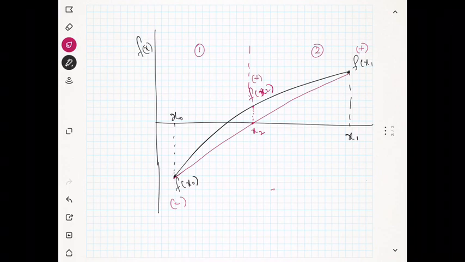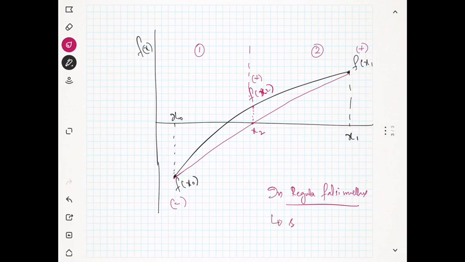So in the regula falsi method, you will be selecting interval 1 or 2. In the above case, you see here this is negative, and this is positive, so you will select interval 1.